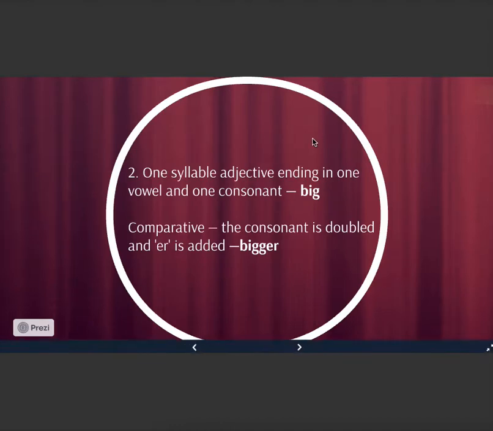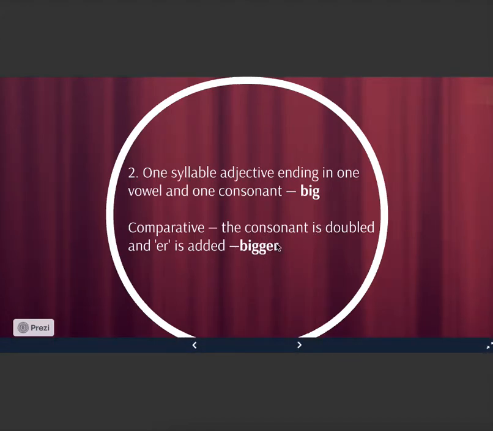La segunda, one syllable adjective ending in one vowel and one consonant, like consonant, vowel, consonant. ¿Recuerdan esa regla? Consonante, vocal, consonante. Si tienen un adjetivo así, amores, de una sola sílaba, like big, you just have to double the last consonant, like bigger. ¿Sí ven que doblamos la última consonante?